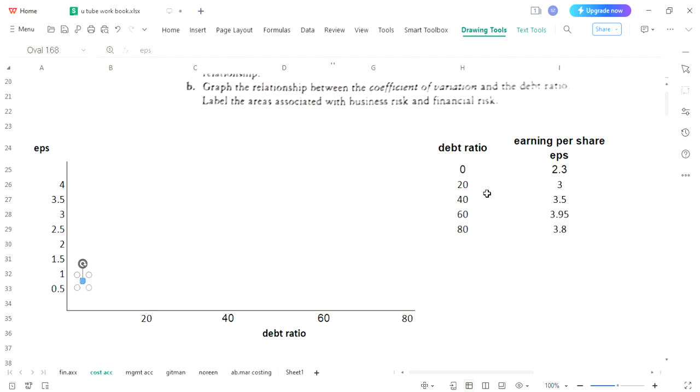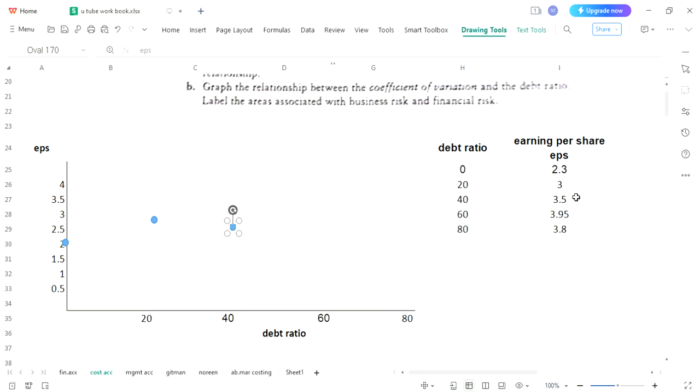Look, 0 debt ratio is here and 2.3 would be present just over here. This is our first point. Now the second point: 20 is the debt ratio and the second point is 3. Exactly at this point we have 3.